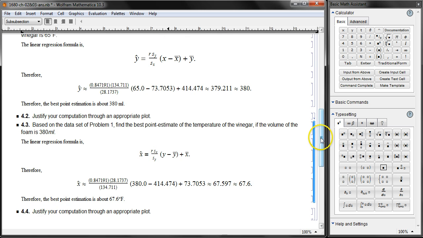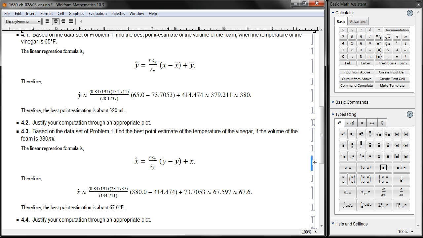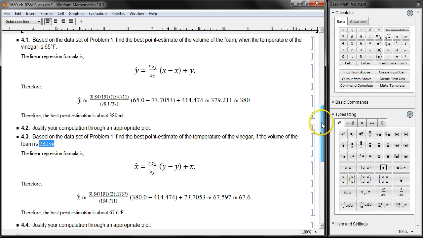As a matter of fact, we have this kind of computation. Let me expand this font a little bit again so that you can see this better. Compare this regression equation and that regression equation. Exactly the same, except x became y and y became x. Why? Because this time y is known and you're looking for x. That's why we are switching x and y. We're simply renaming them. So y is given at 380.